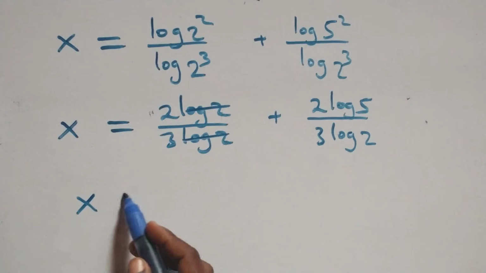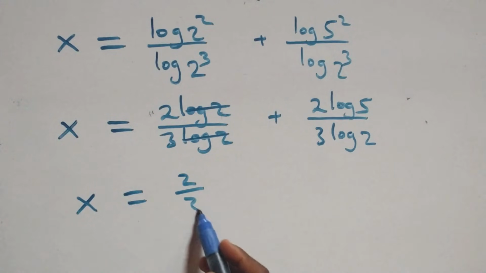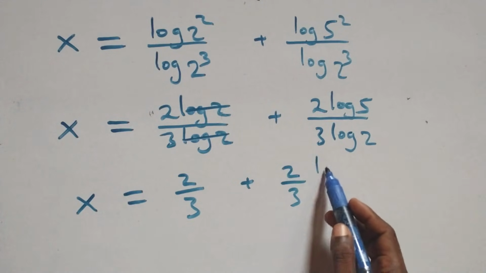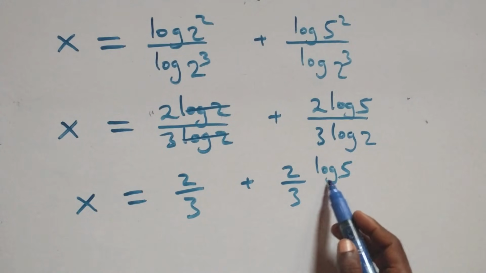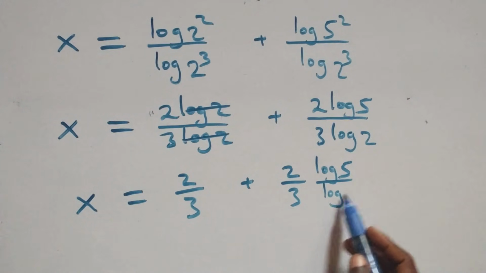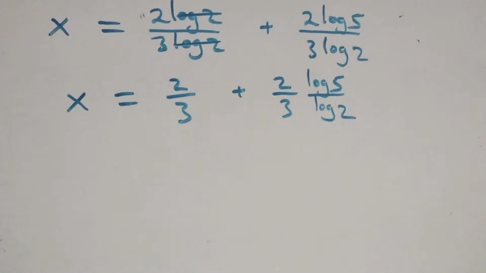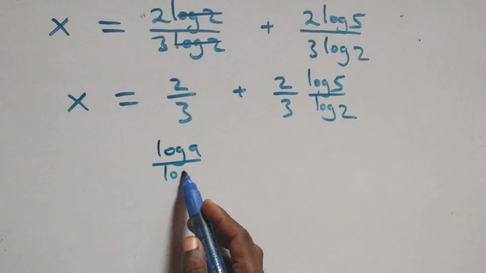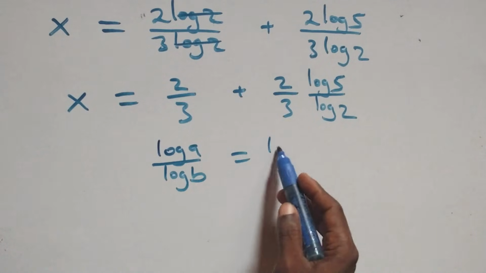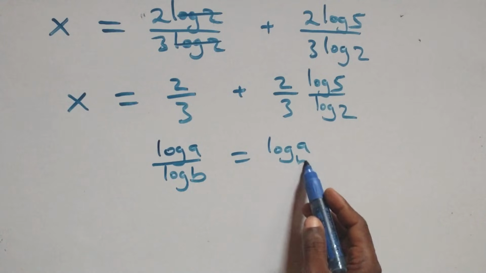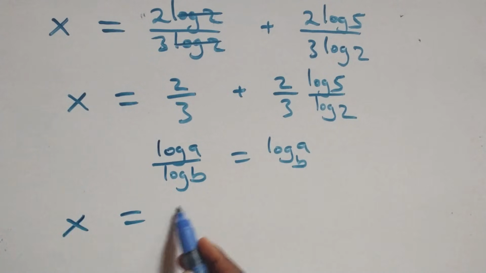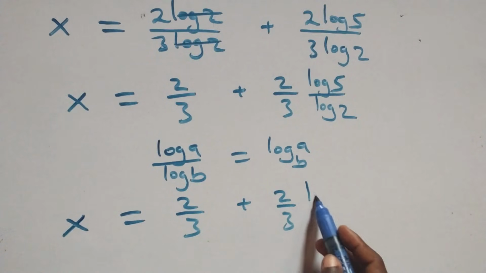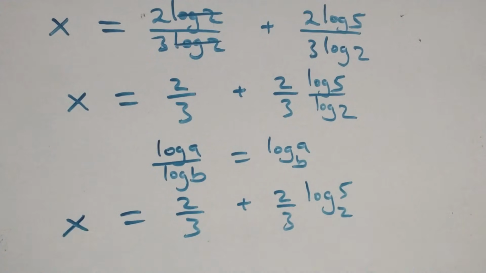This becomes x equals 2 over 3 plus 2 over 3 multiplied by log 5 over log 2. That is, we apply change of base here. When we have log a over log b, this is the same thing as log a to base b. Then what we have becomes x equals 2 over 3 plus 2 over 3 times log 5 base 2.